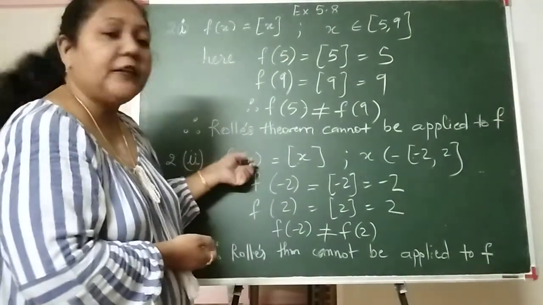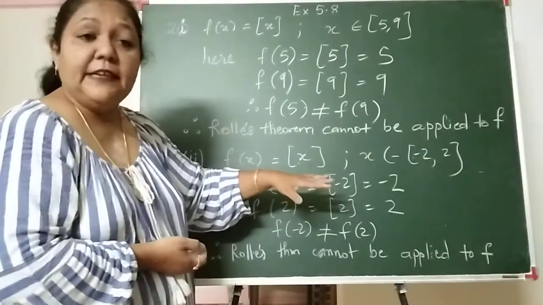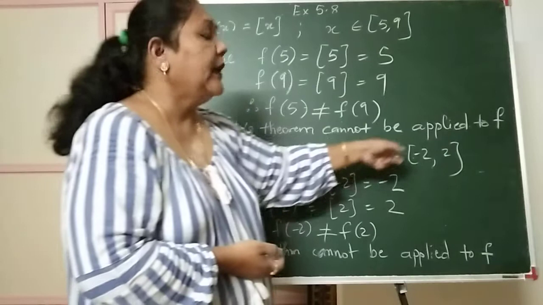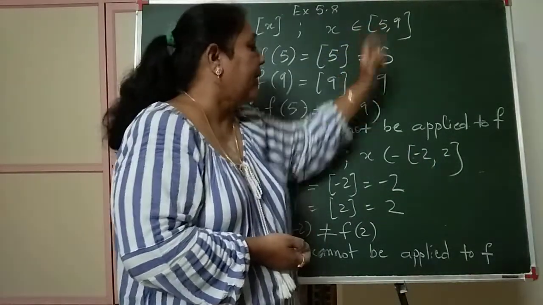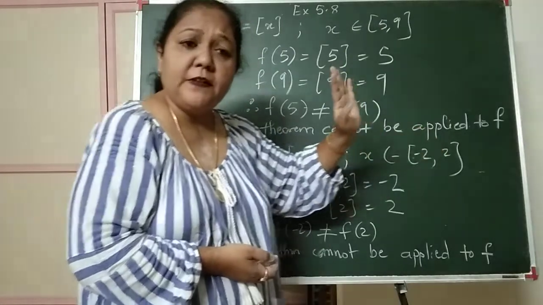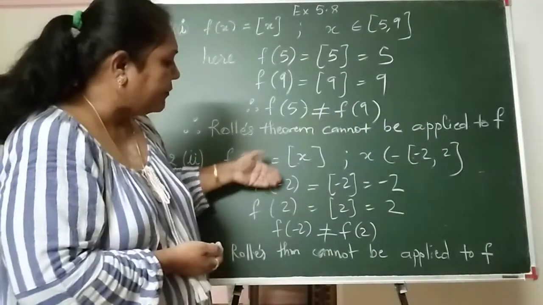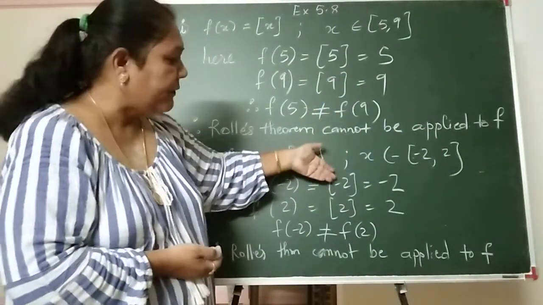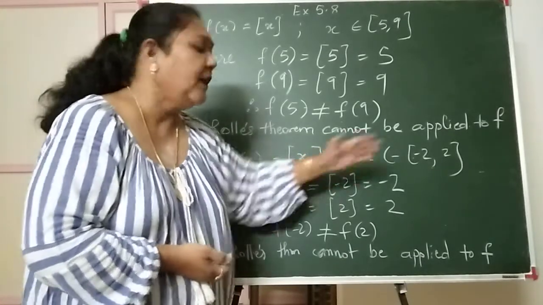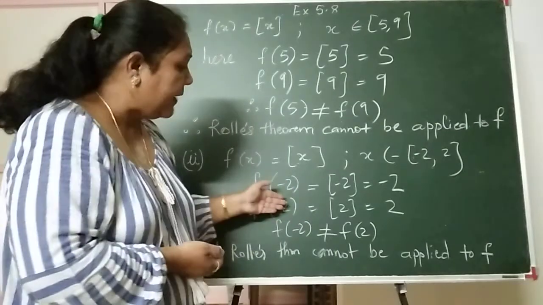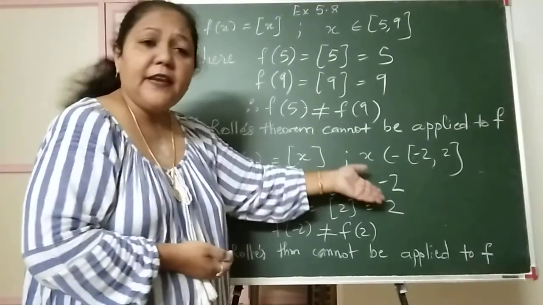The second function f of x is again the integer value, only the interval is going to vary over here. Here the interval was 5 and 9, here the interval is minus 2 and plus 2. So I find f of minus 2, again the integer value of minus 2. Minus 2 is an integer only, so the same thing will come as an answer. The integer value of plus 2 is going to be again plus 2.